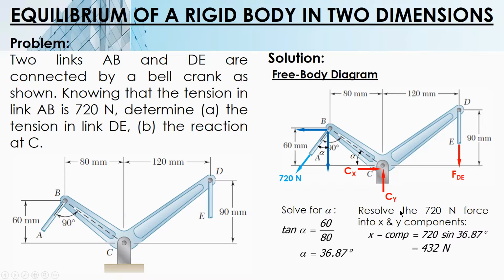That's 432. And then for the vertical, cosine alpha, 576. So once you apply the condition, it is no longer 720 newtons but the components 432 and 576.